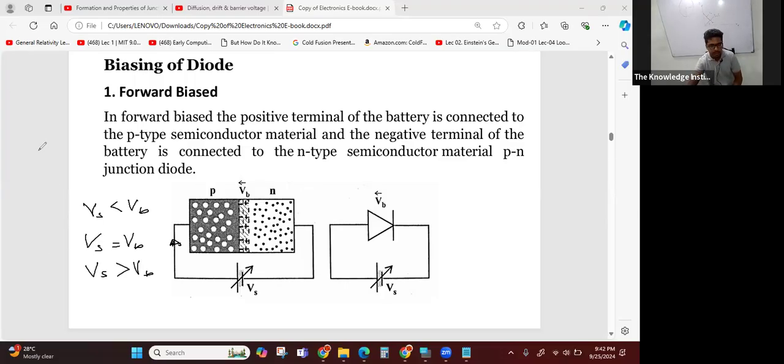Actually, what happens is it pushes the charges to this side with some value, let's say 0.2 volt. Say this PN junction is made of silicon material, then we can say it has a barrier voltage of 0.7 volt. So this supply voltage pushes the charges with 0.2, right?